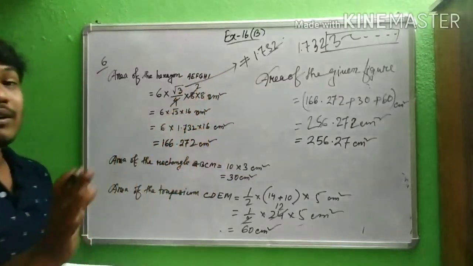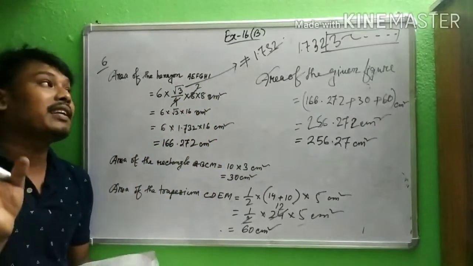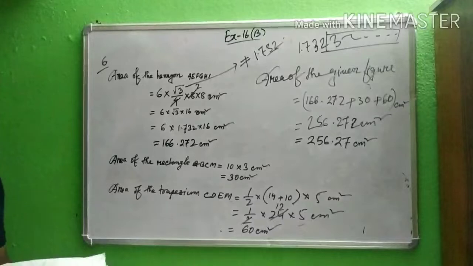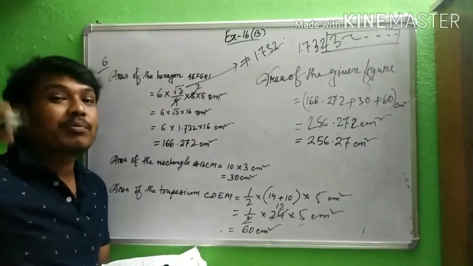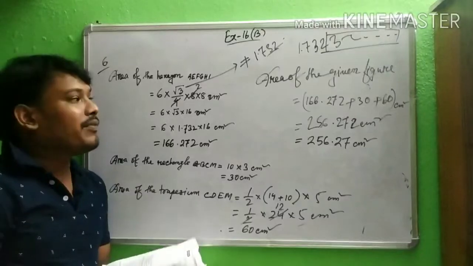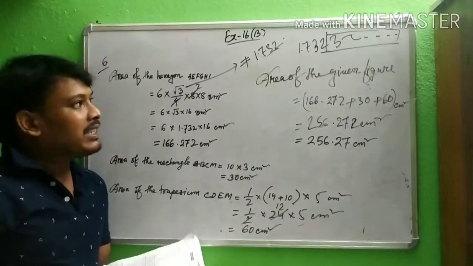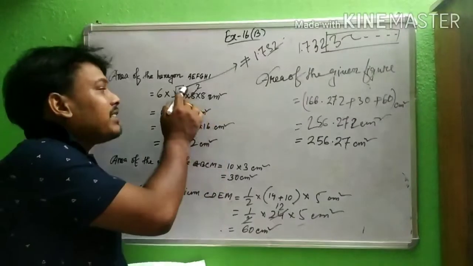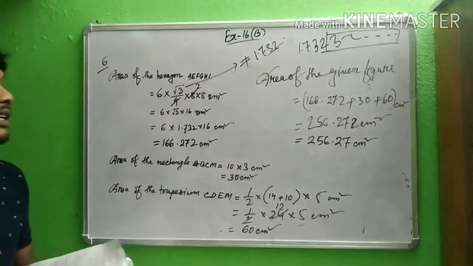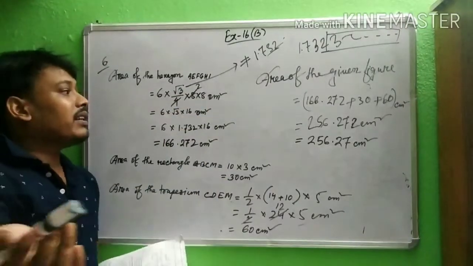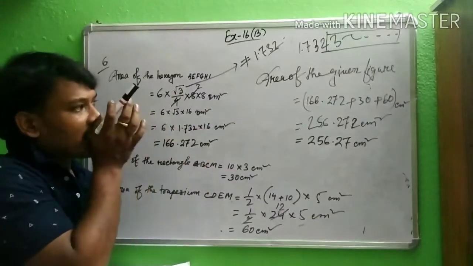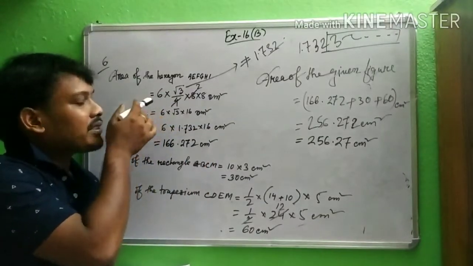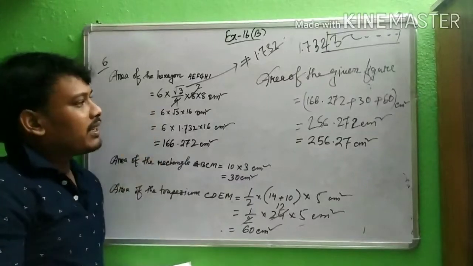Because in the chapter on square roots, we already found the value of root 2 up to 2 or 3 decimal places. That means these are irrational numbers.